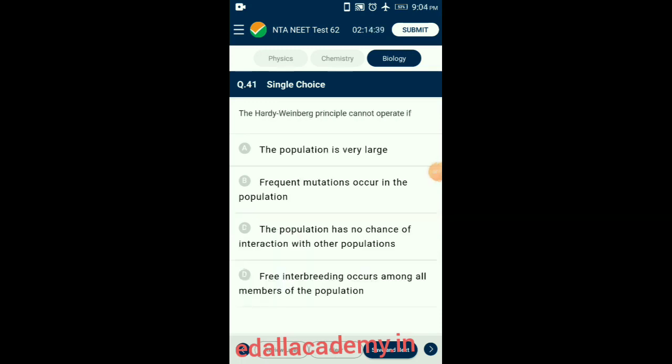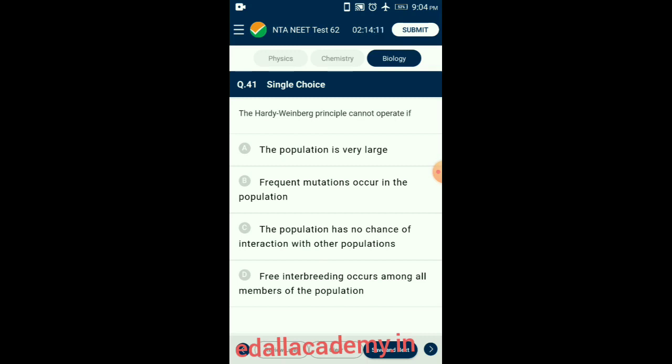Question number 41. The Hardy-Weinberg principle cannot operate if... The Hardy-Weinberg principle says that allele frequencies in the population are stable and constant from generation to generation as long as the population is large enough and changes in allele frequencies due to chance or accident are insignificant. Mating occurs at random.